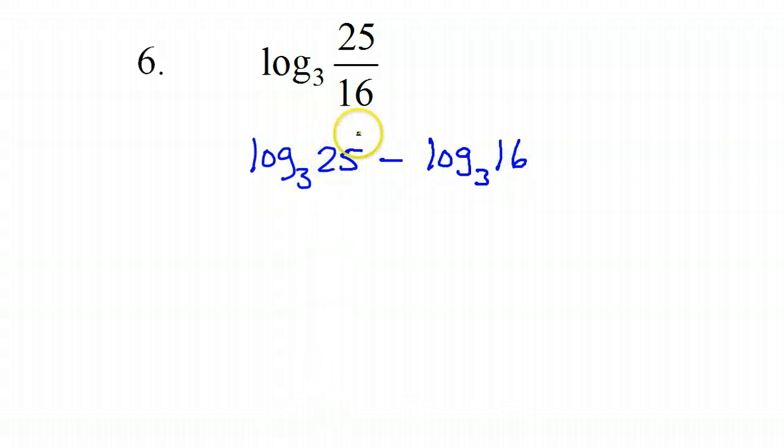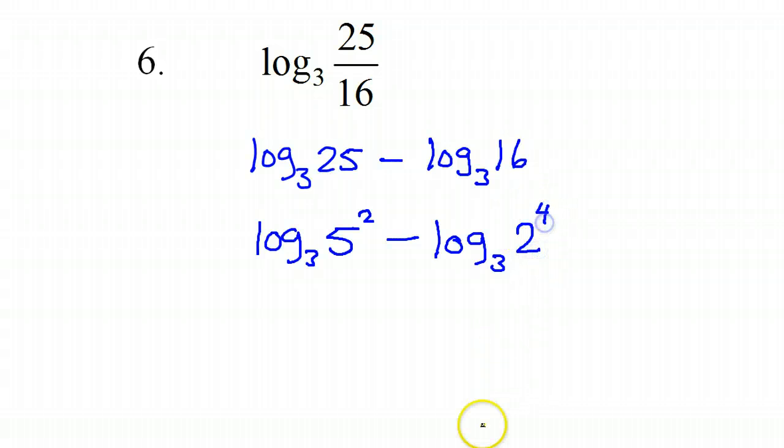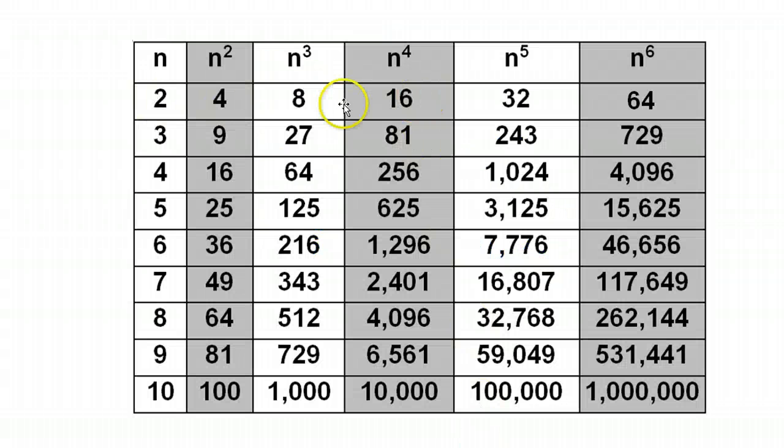So now 2's and 5's. It's all about 2's and 5's. Well, when I look at the 25, I can make a 5 out of that, because 25 is 5 squared. 16, I can make a 2 out of that, because 16 is 2 to the 4th power. Remember we just did that.